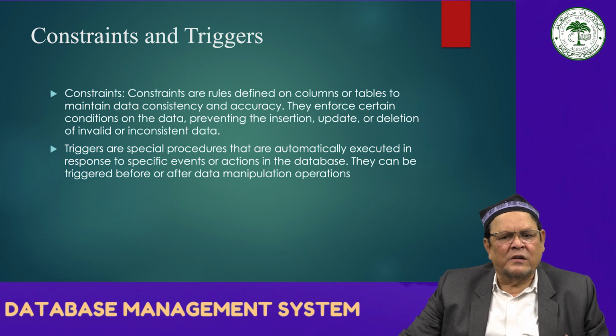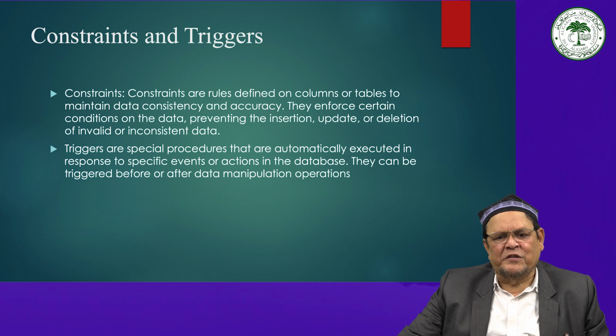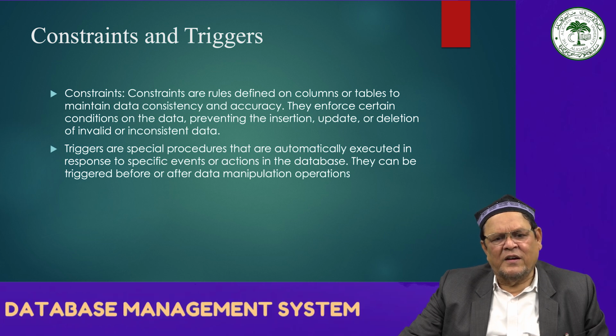Triggers are automated procedures triggered by a specific event, such as data manipulation or data action. They can enforce complex business rules, audit changes, or automate tasks. Constraints maintain data integrity by defining acceptable values or conditions, while triggers automate actions based on a specific event, enhancing the reliability and functionality of the database system.